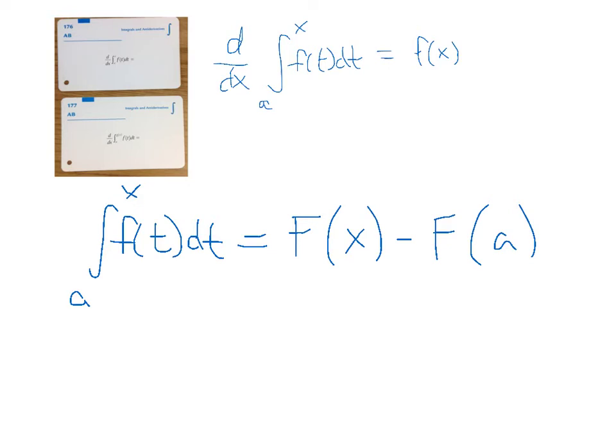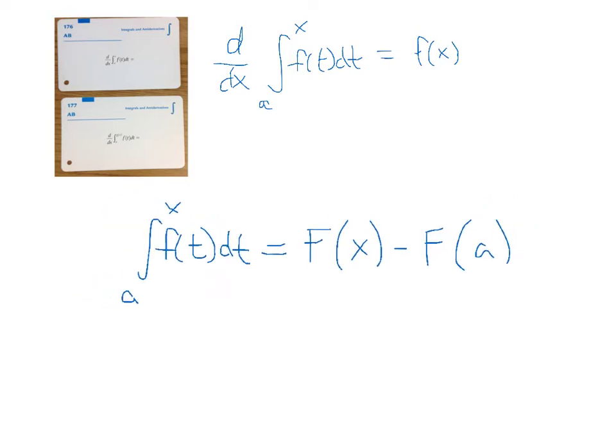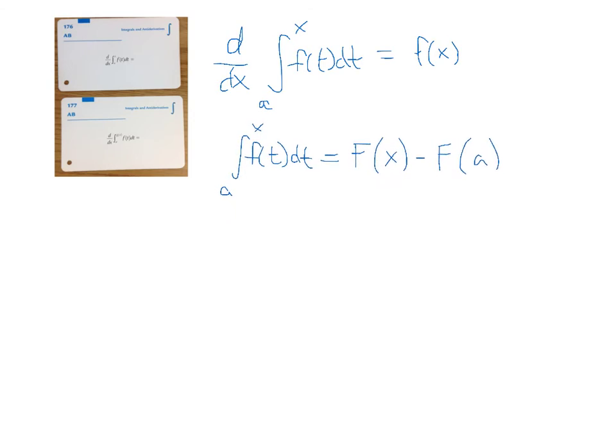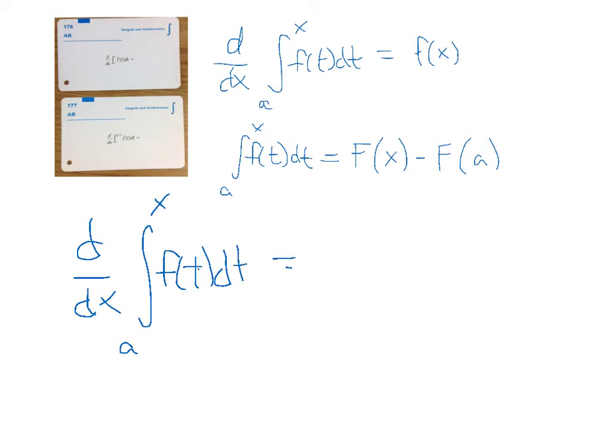Now, let's take the derivative of both sides. Let me make this a little smaller. Okay, now we're going to take the derivative with respect to x of the integral from a to x. And we're going to take the derivative with respect to x of the right side as well.